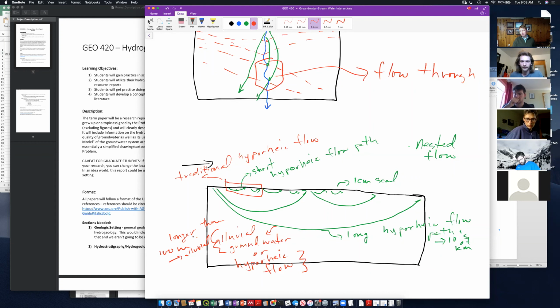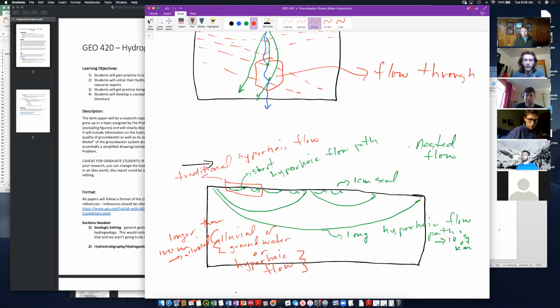This is a gray zone, I'd say, in the scientific literature right now, whether this is alluvial groundwater or hyporheic flow, whatever you want to call it. I prefer Dr. Poole's definition because it's very simple. If it comes from stream water, it's hyporheic flow.